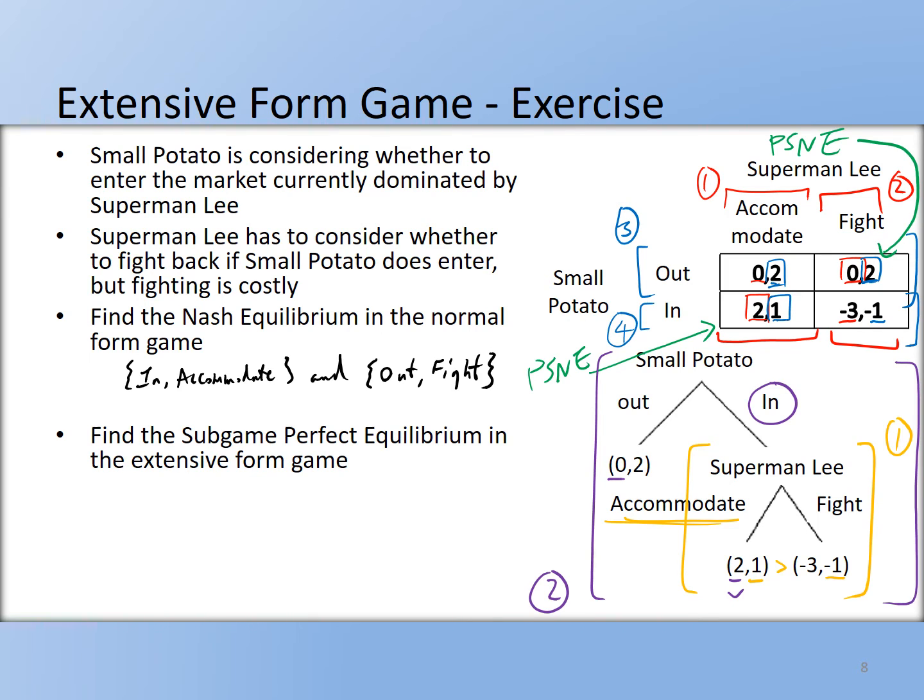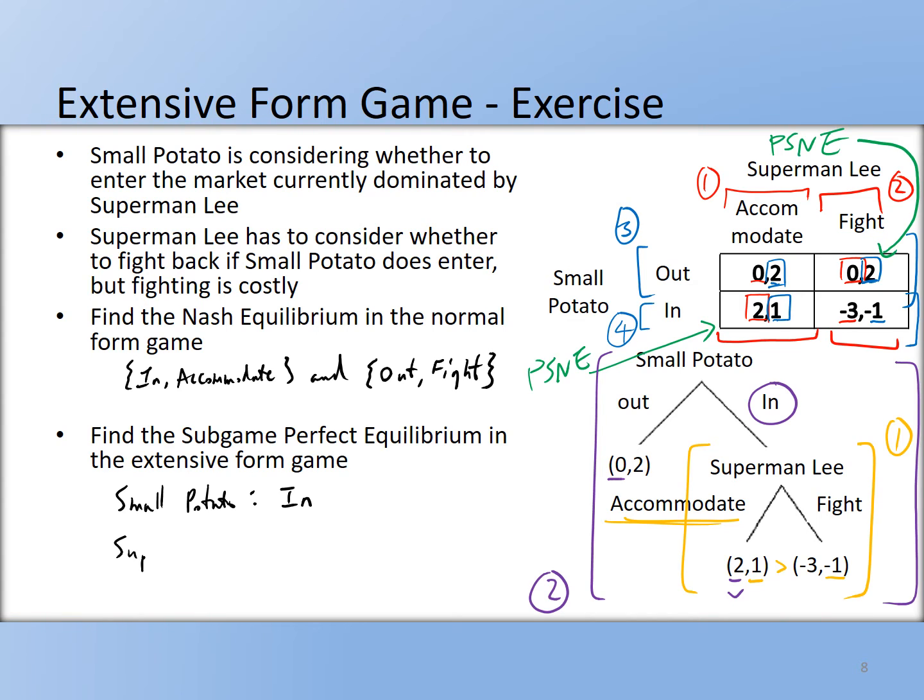We now know that supermanly is going to accommodate if small potato actually enters. So it's a comparison between getting 0 and getting 2, and getting 2 is better. So we know that small potato is going to come in. He's going to come in because he now understands that if he comes in, supermanly is definitely going to accommodate, which is something he cannot assume when they move together.